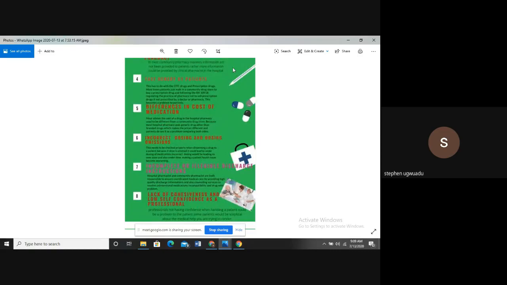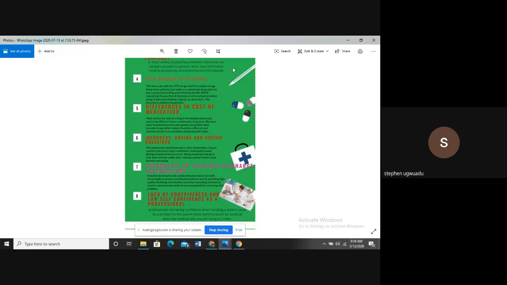Most times when a patient is being admitted in the hospital, sometimes the instructions for discharge are not really carried out well to the assistant physician, or the pharmacist, or maybe the nurses on duty the particular day the patient is supposed to be discharged.